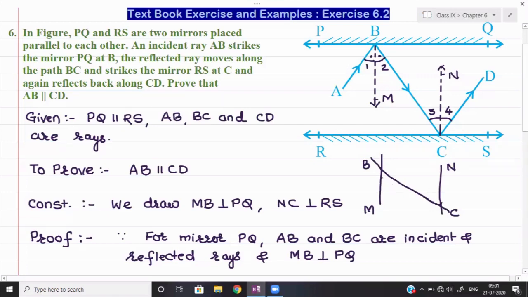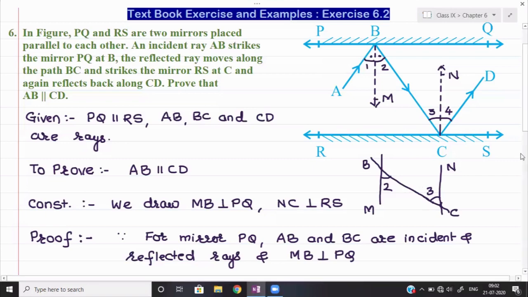And observe, this angle is angle number 2 and this angle is angle number 3. Look carefully, and refer to the main figure at the same time. So angle 2 and angle 3 are formed over there. But these two angles are not simple angles. They are alternate angles, and since the lines are parallel, angle 2 and angle 3 will be equal because they are alternate angles.